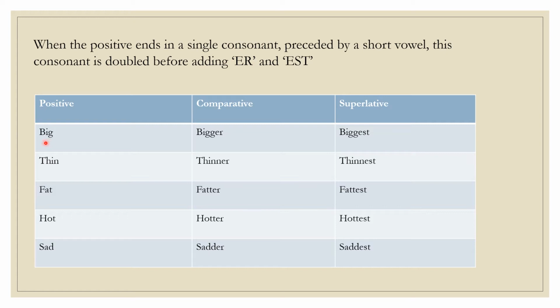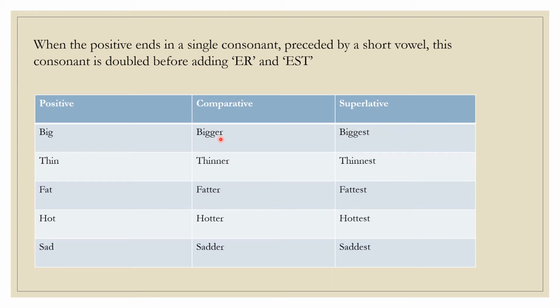Precede means coming before this consonant G. So we are supposed to double it. The consonant has to be doubled before adding ER and EST. So the word is big in the positive. It will become bigger in the comparative and biggest in the superlative. So you have doubled the consonant G.